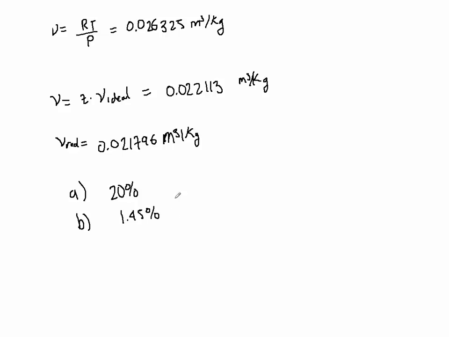So notice the difference. Once we use the compressibility factor and we actually do the correction from the ideal value, we reduce the error significantly from 20 to less than 2% of error, which is one of the reasons you always have to use the compressibility factor to double check the approximation whether an ideal value is correct or not.